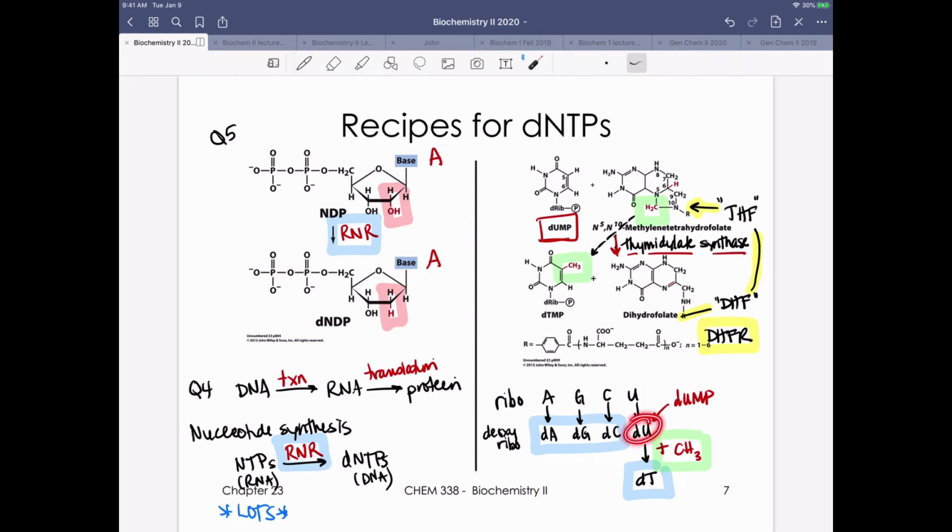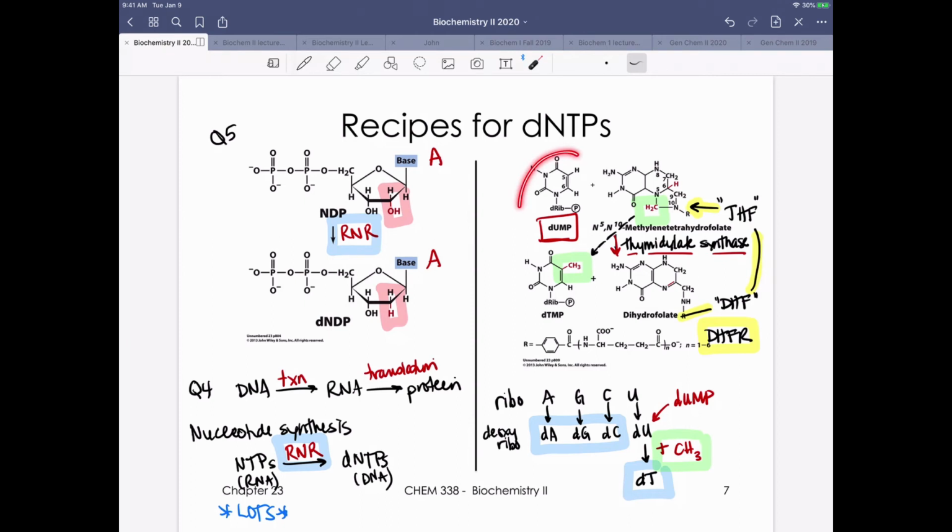Now you'll note this guy isn't boxed here because when we're talking about the used deoxyribonucleotides, it's A, G, C, and T. So this is sort of an intermediate that we have there. We make the deoxy-U, and then that is methylated to convert that into the T. And this methylation chemistry is the chemistry that we're going to focus on in a little bit more detail here. So that's what's shown in this panel that we have up top here.